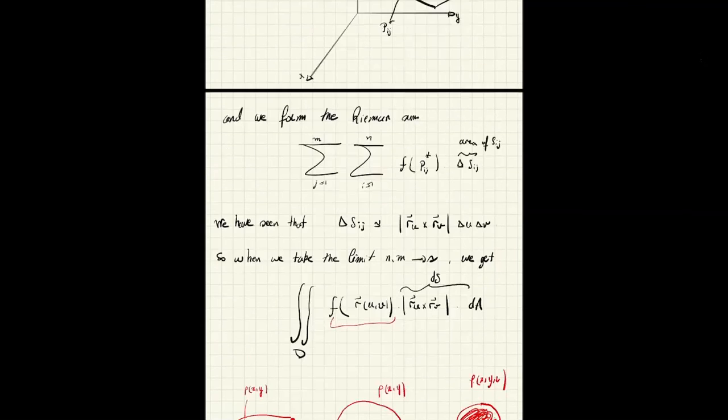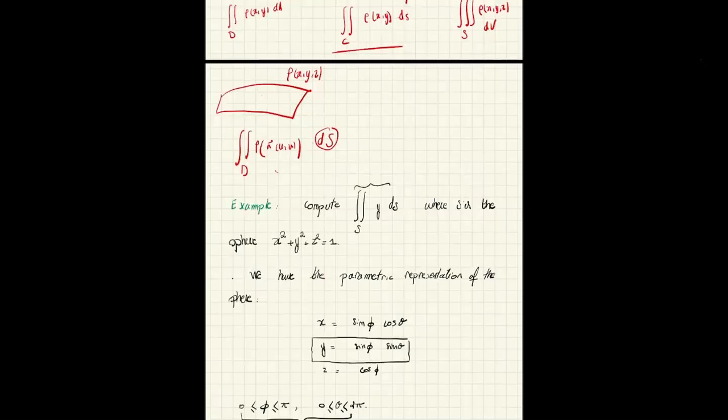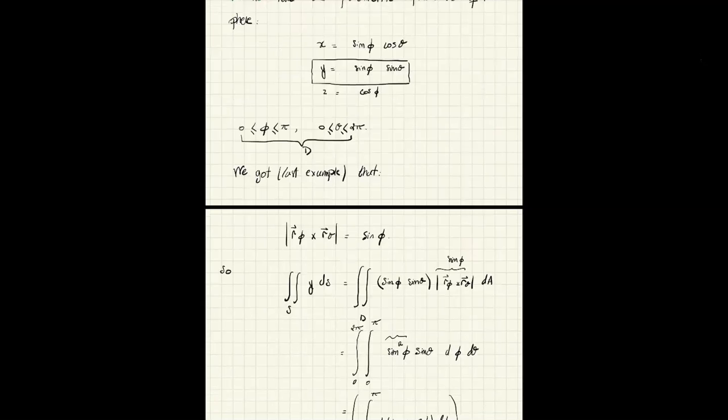This is the dS. So the dS is approximated with this one. So when you go to the limit, this is a notation, dS is actually the norm of r u times r v dA. And I did it here too. dS is always, you compute r phi times r theta, the norm, and then dA, and then you integrate over D, which is the domain of the parameterization here.